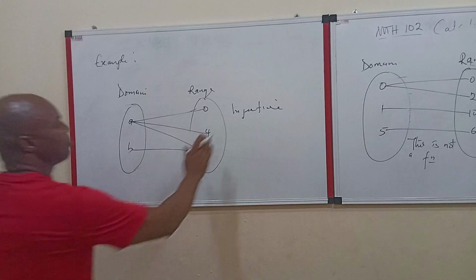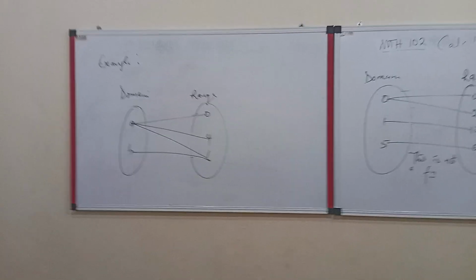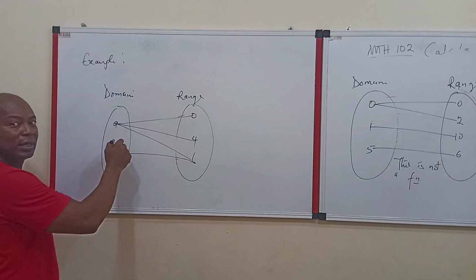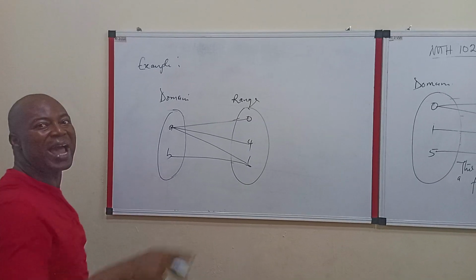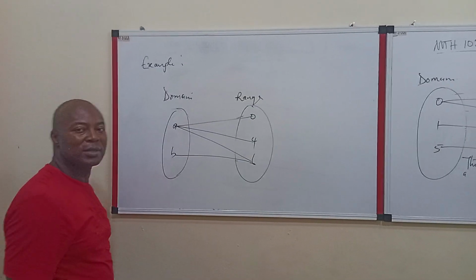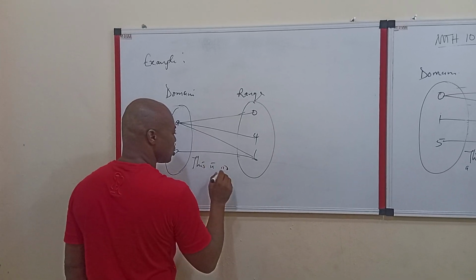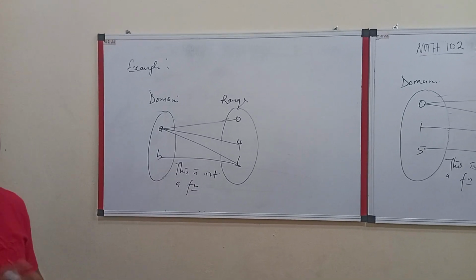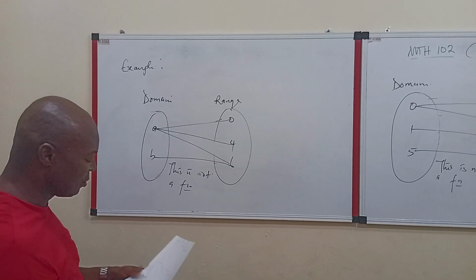Is this relation a function? You can see that this relation is not a function because in the domain, one element is mapping out 3 times. So this disqualifies it. It is not a function, so we cannot talk about it in terms of being injective or surjective.